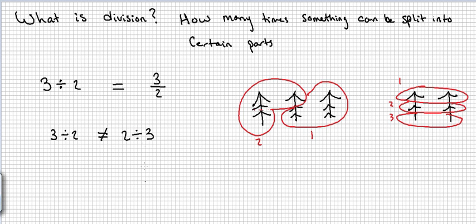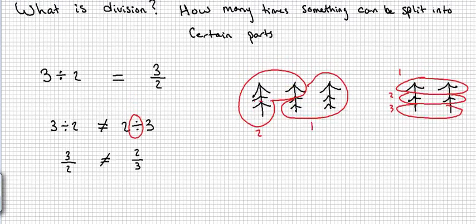And if we were to write this, in algebra, we're not going to really use this sign too much. It might have been good in arithmetic, but we're going to pretty much put everything into fractions. So we're going to write this as 2/3. And this one will be 3 halves. And those are not equal.